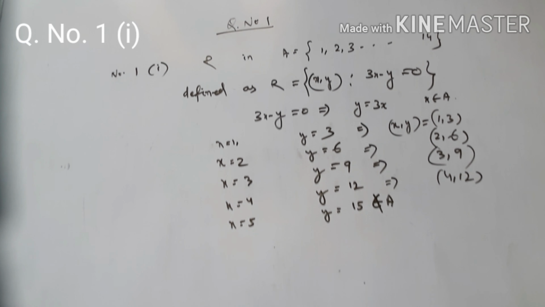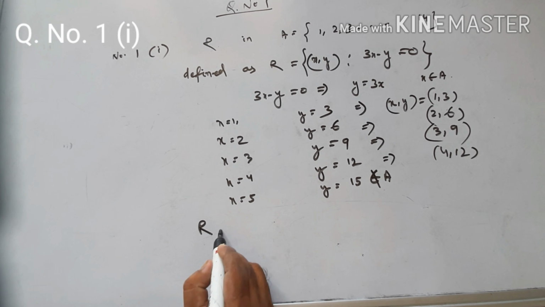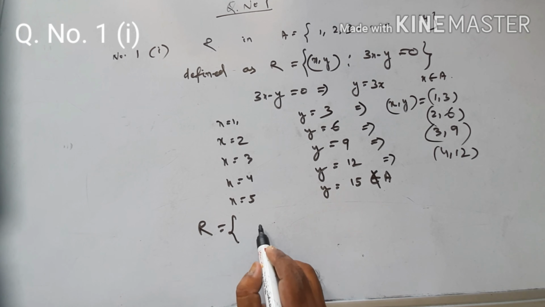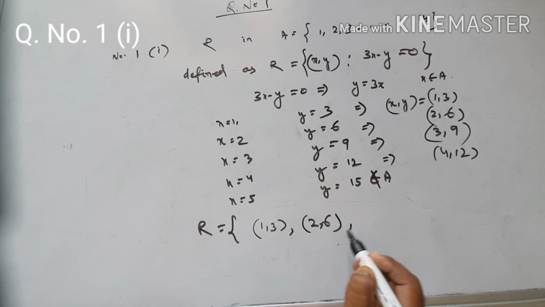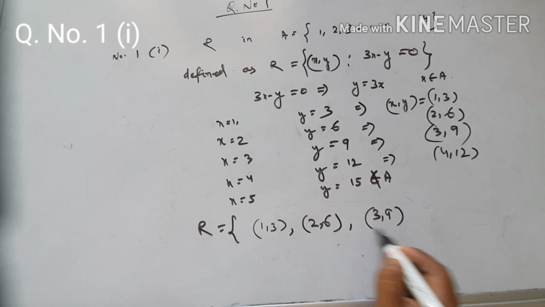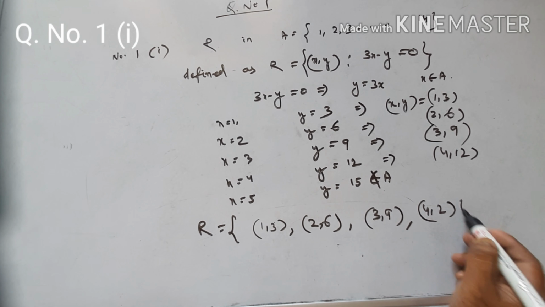Therefore, R equal to {(1, 3), (2, 6), (3, 9), (4, 12)}.